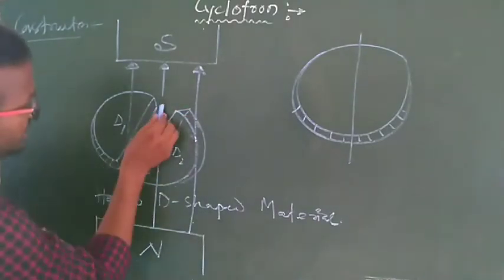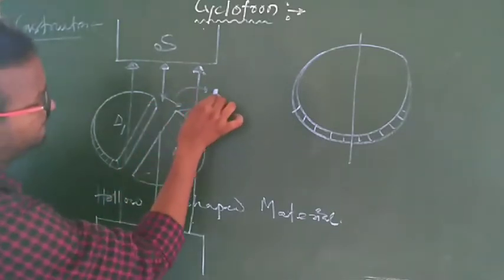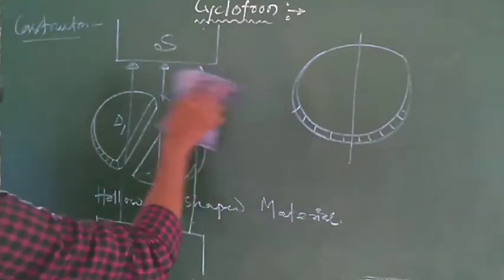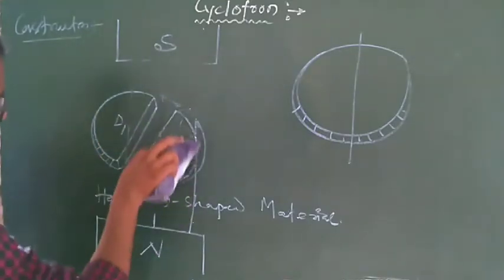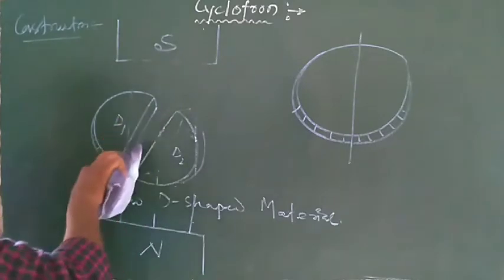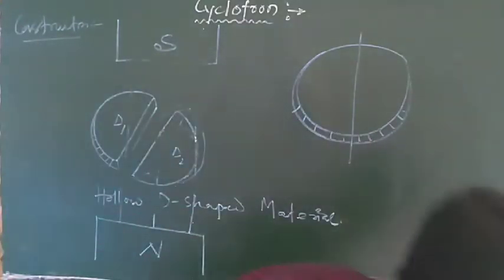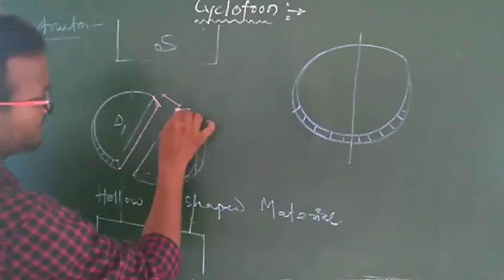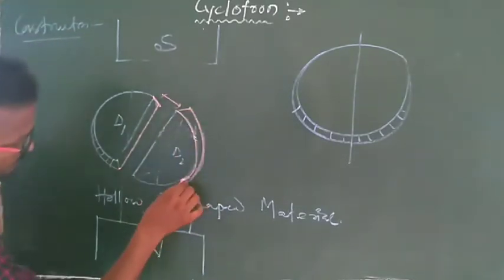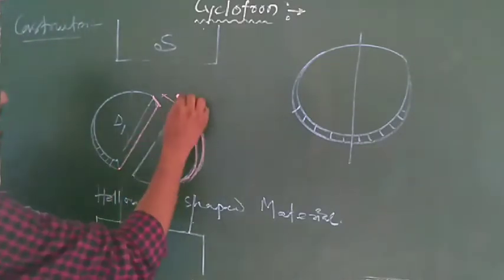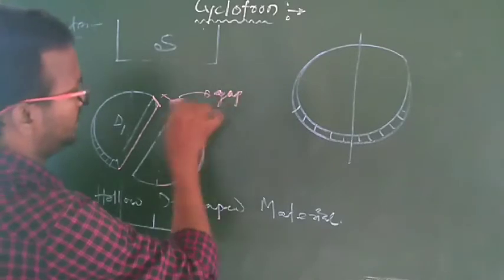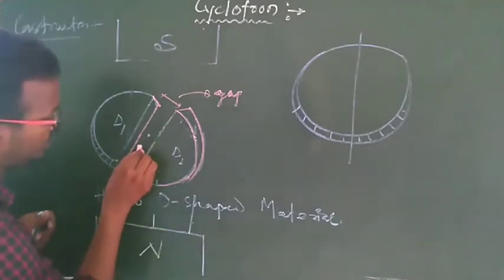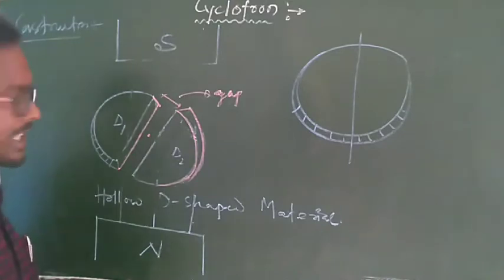And this is the gap between two discs. These are two D-shaped materials, D1 and D2, and this is known as the gap, a very small gap, where we place a source of charged particles which oscillate inside the magnetic field and electric field.